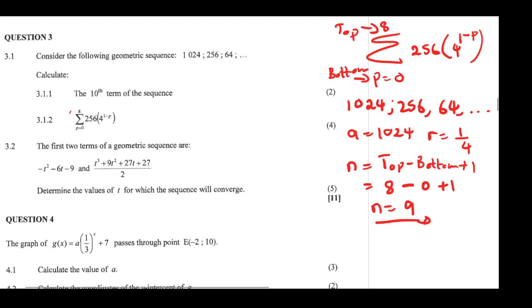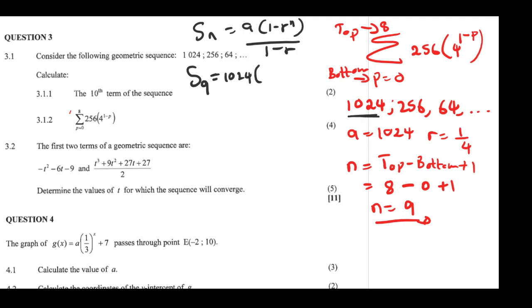And then we can find the sum. The sum of 9 terms is equal to, using the sum formula for a geometric sequence, Sn equals a into 1 minus r to the power of n over 1 minus r. The a value is 1024, so it's 1024 into 1 minus 1 over 4, all to the power of 9, over 1 minus 1 over 4.